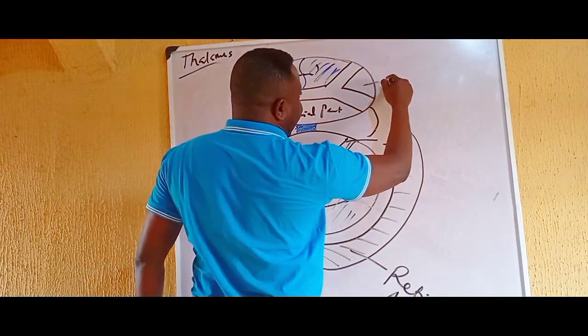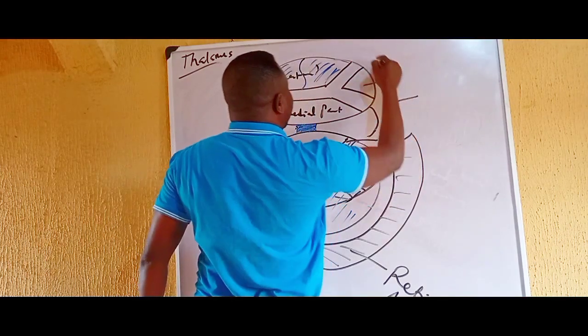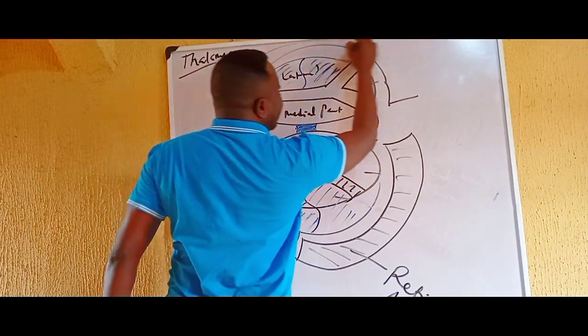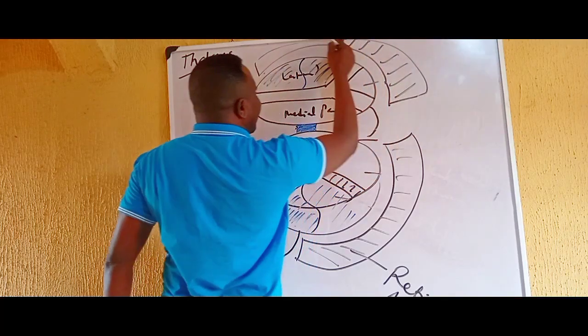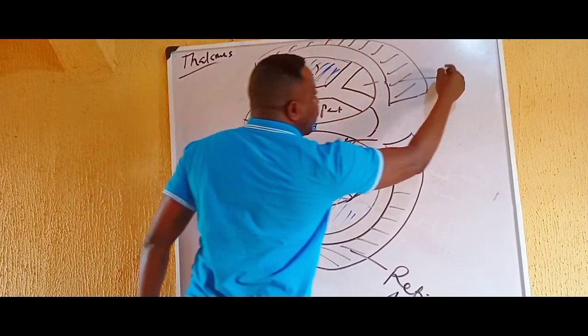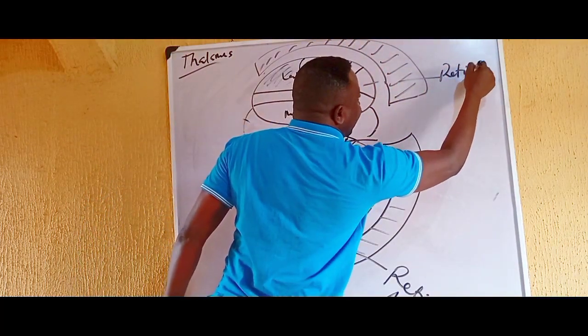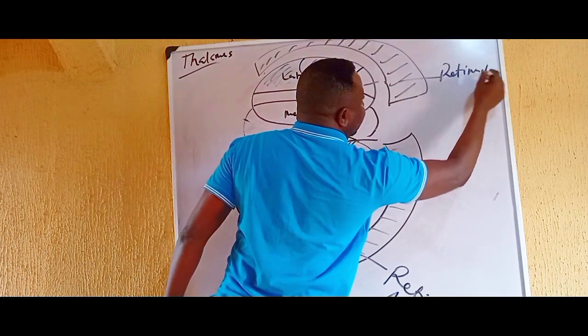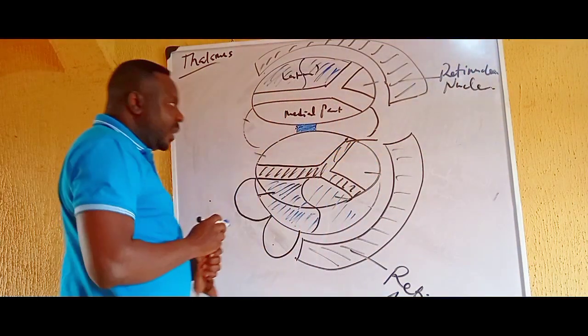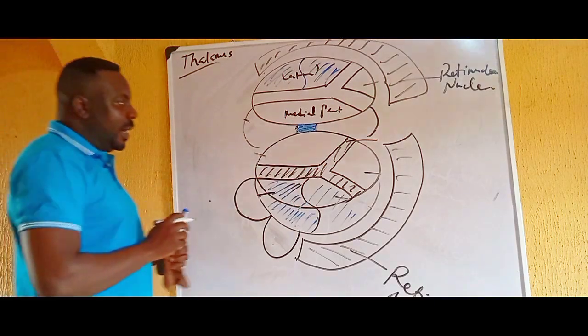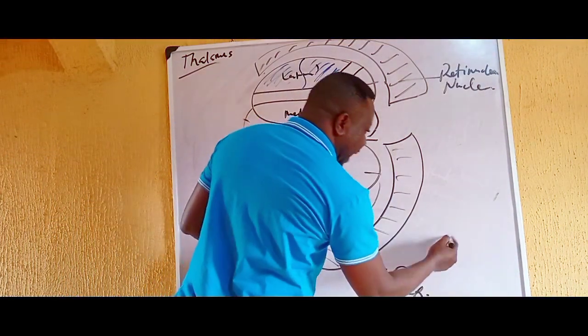We have another one here. This is also reticular nucleus. The reticular nucleus actually has connection with the cerebral cortex.